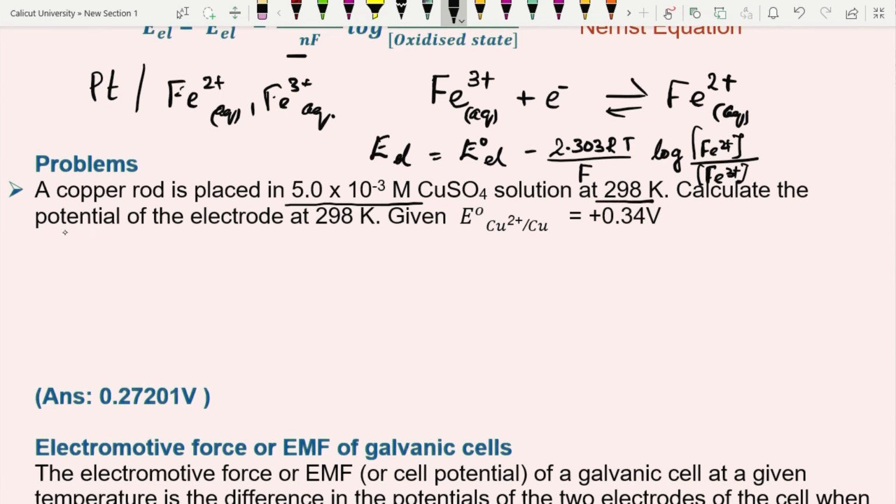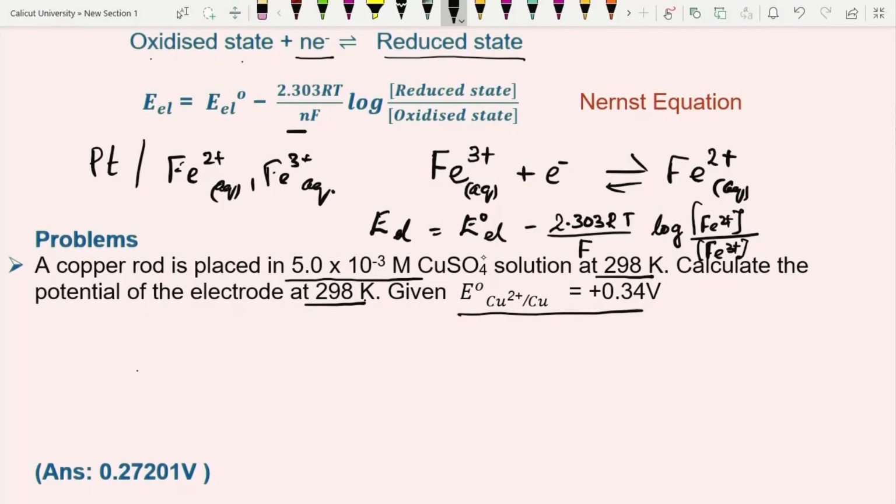We are asked to calculate the potential of the electrode at 298 Kelvin. The E naught value for copper is given. It is clear that this is an application of the Nernst equation for the electrode. Here you can see that all the values are given, and this is a clear example of the Nernst equation for an electrode.